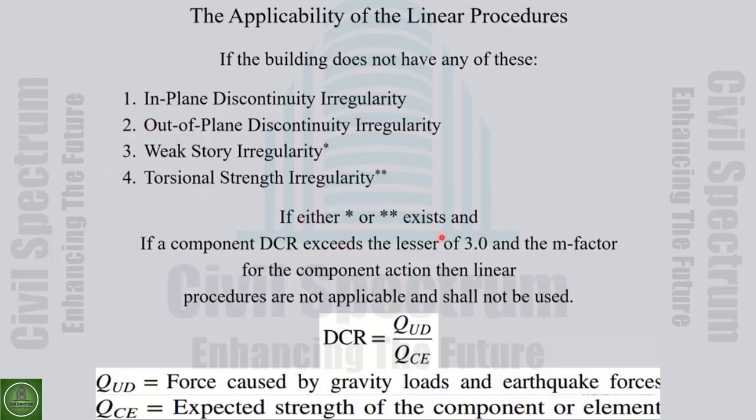If either this or this exists, and if a component DCR is the lesser of this, then you should go nonlinear. So just have a general overview. We can use linear procedures when the strength irregularities are not there, or the amount of damage is not too much. Sometimes they put a threshold of 2, sometimes a threshold of 3, depending on the different codes and the level of conservatism.